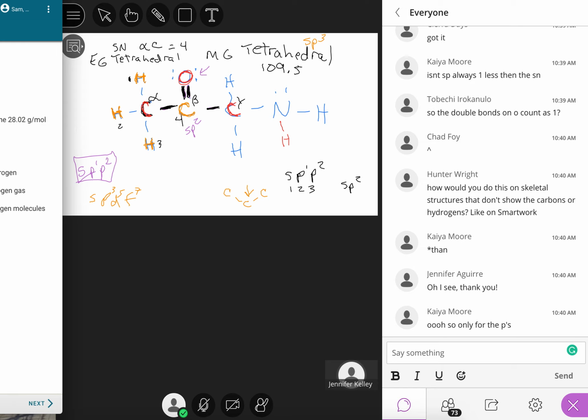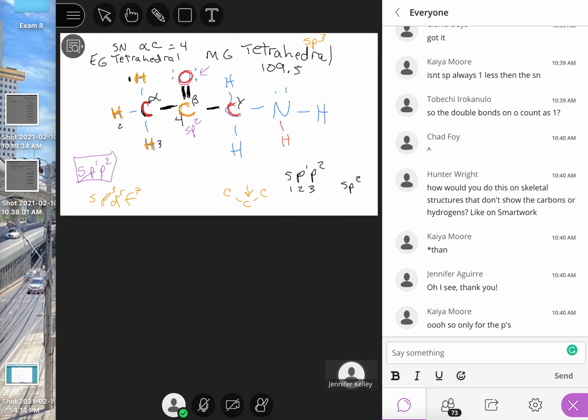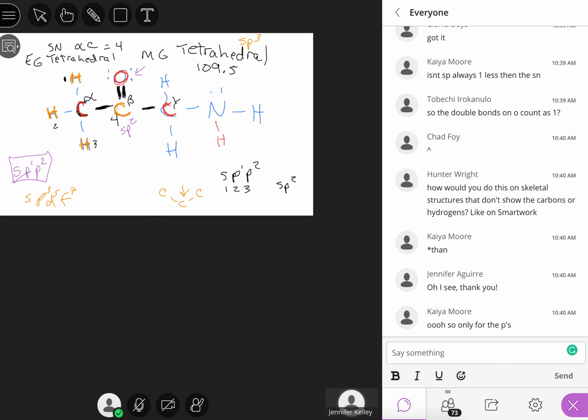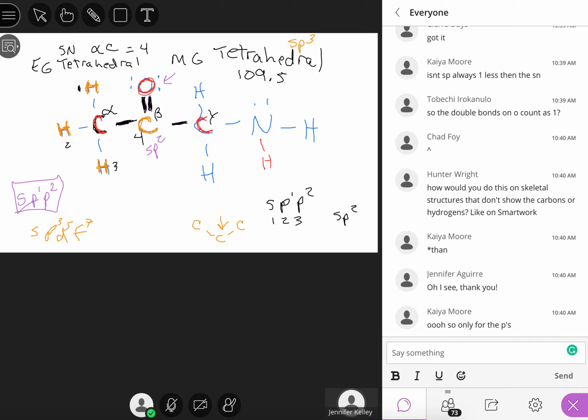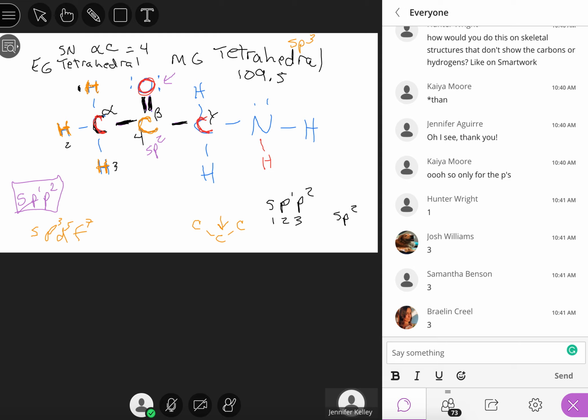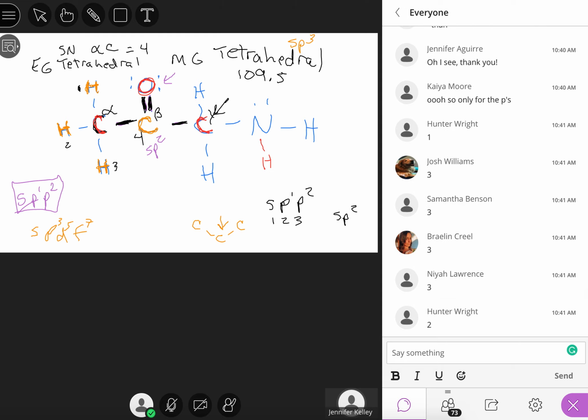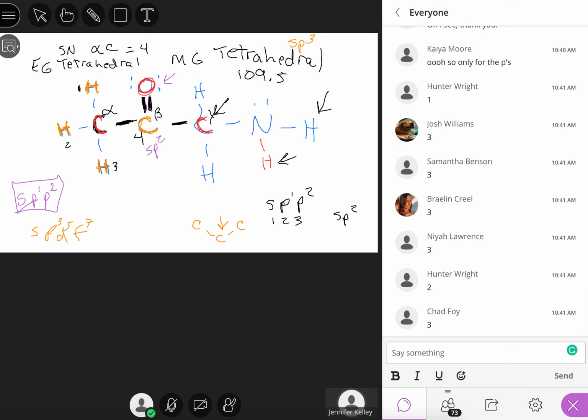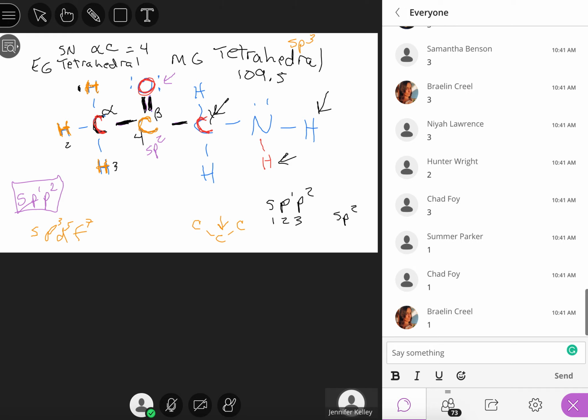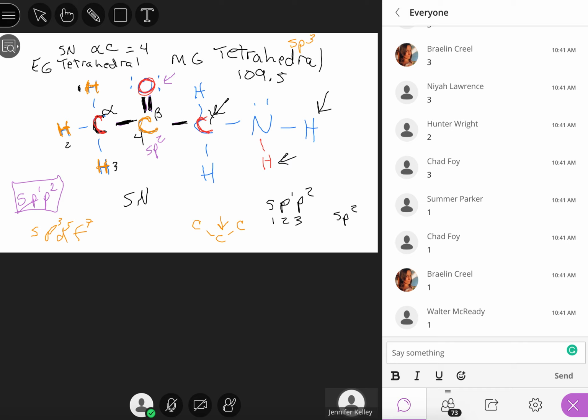Let's do the nitrogen because the nitrogen has a lone pair. So the nitrogen has how many bonds? Not how many bonds. How many atoms are attached to nitrogen? 3, correct? So there's the carbon, this hydrogen, and this hydrogen. And how many lone pairs? 1. So the steric number is always the atoms bonded, so we said that was 3, plus the number of lone pairs on the atom that we're looking at, so that's 1.